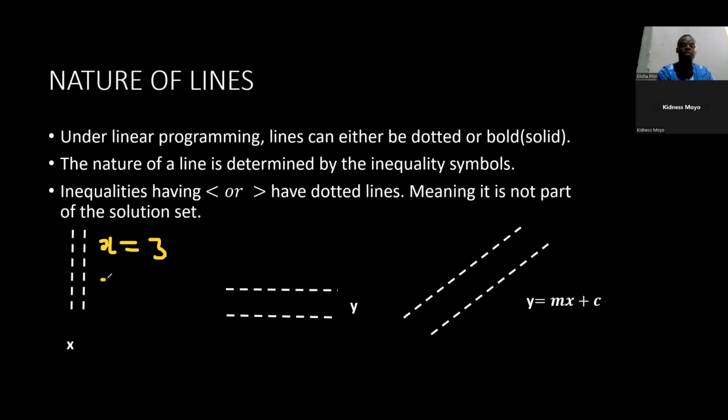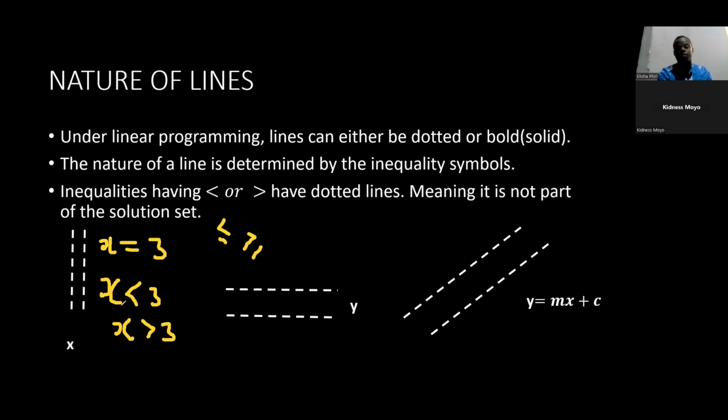Yes. And then if we bring in an inequality symbol, we're going to have something like this. It will either be x is less than 3 or x is greater than 3. Those two symbols. We won't bring in these because these lines which are dotted denote these inequality symbols which I have actually written at the bottom here.